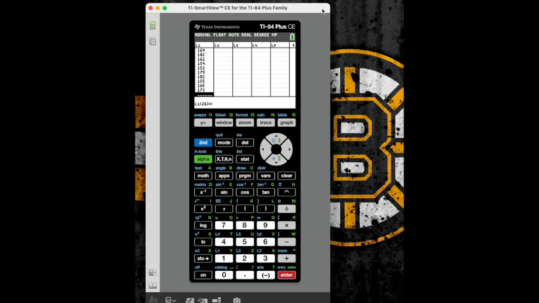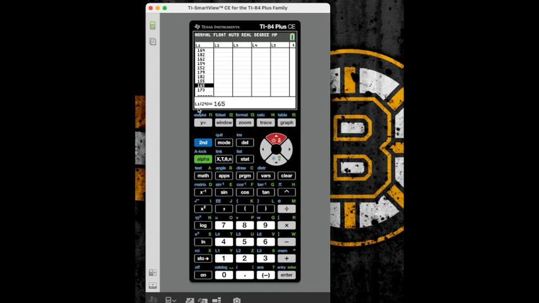Now that you have your values entered in list one, there's a couple things I want to show you. If I highlight this 165, notice at the bottom it says L1, and in parentheses 24, is equal to 165.